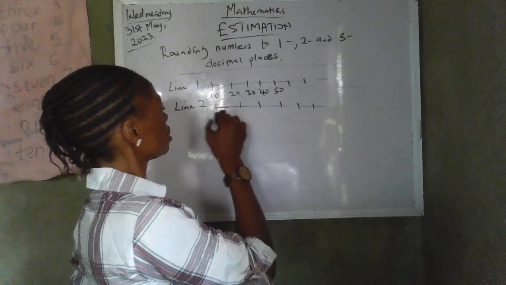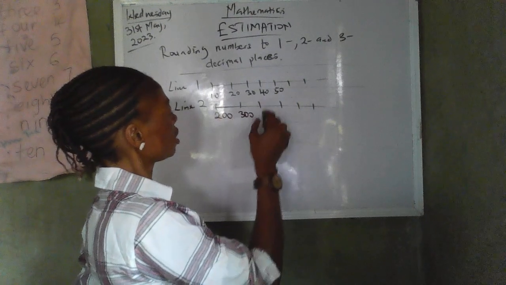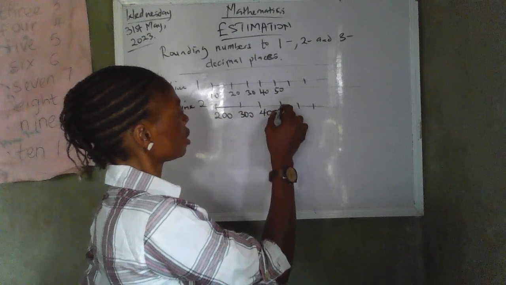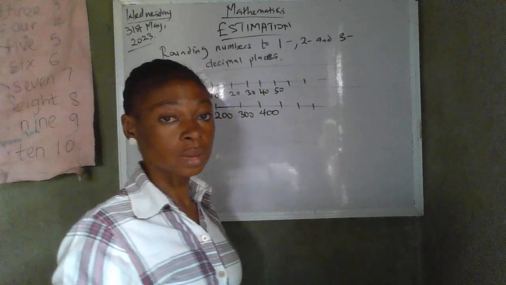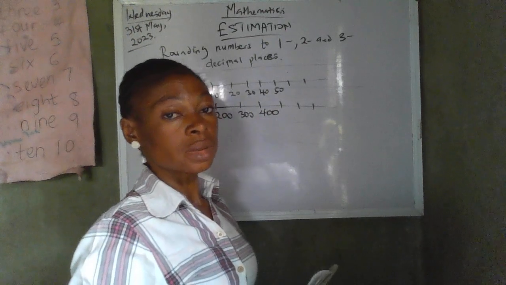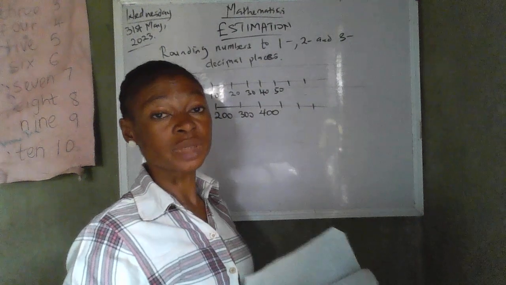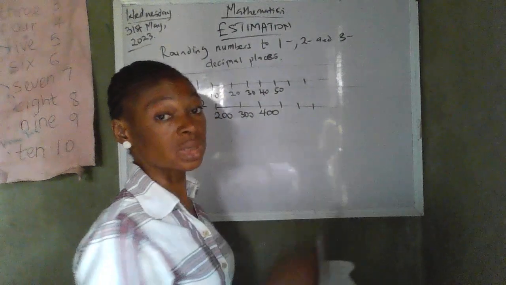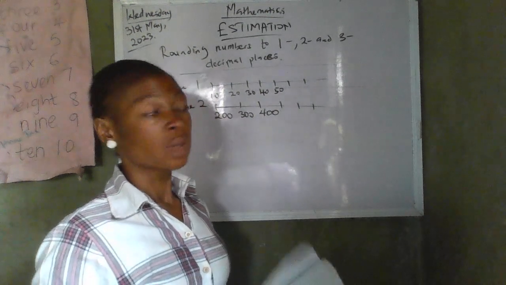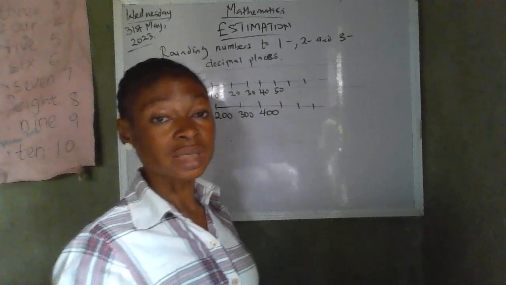You have 200, 300, 400, and so on. In a sequence of hundreds could be 4 digits, but make sure the difference between each number as it proceeds is just 100.